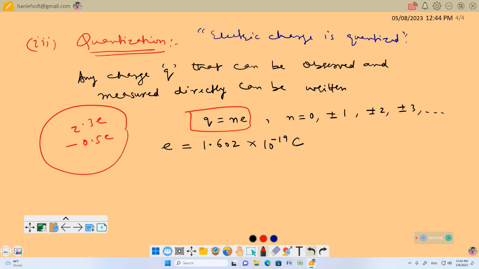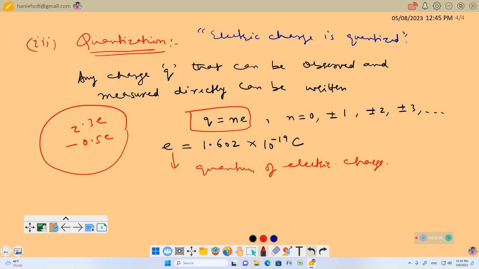The smallest possible value which that object can have when it exists is called the quantum of electric charge. So the smallest amount of charge, whether positive or negative, which a body can have when it is charged, is E. So this E is the quantum of electric charge. The quantum of electric charge is very small.